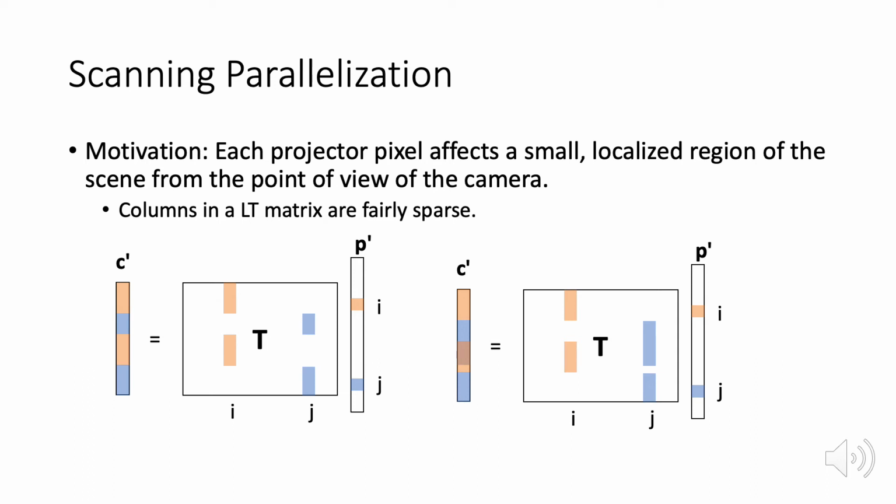If these two responses have no overlapping, we can separate them through post-processing. But for the right example, we will see the blue part is overlapped by the orange part, so we cannot separate them easily. So in this case, we cannot parallelize I and J.